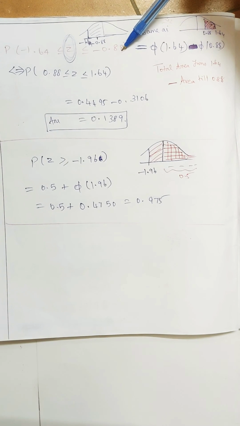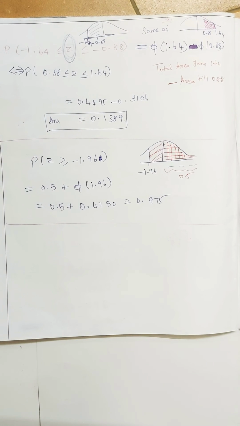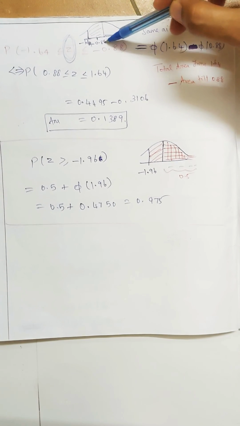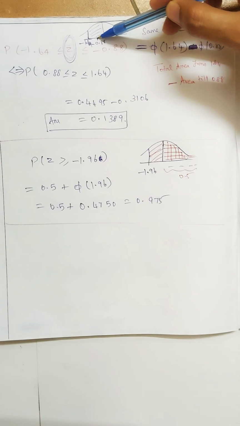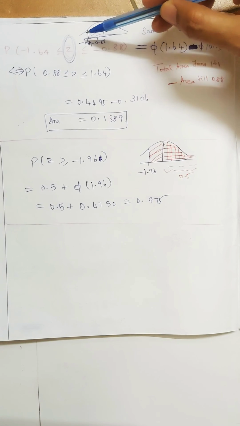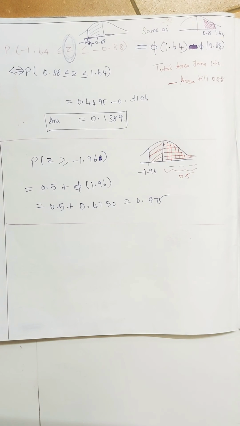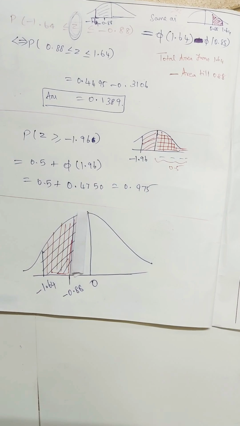Pause this for a second and try to draw the graph. Yes. The middle part is 0. So this is minus 0.88. So this is minus 1.64. If it's not visible, wait, let me draw once again.